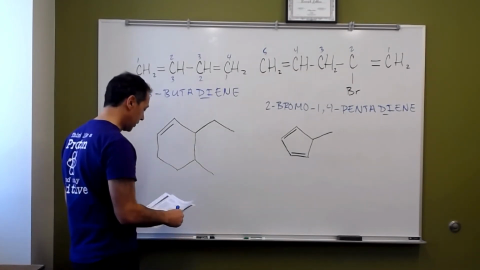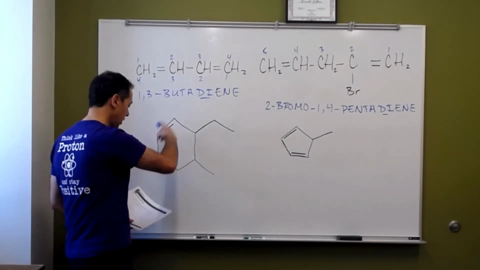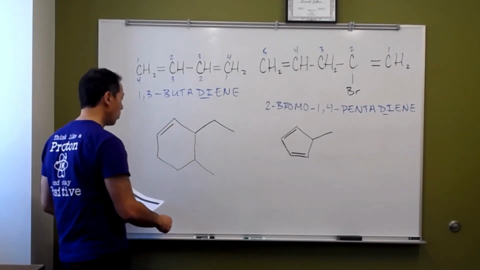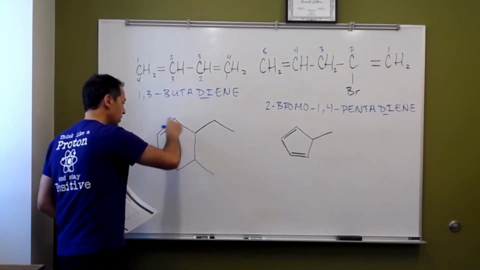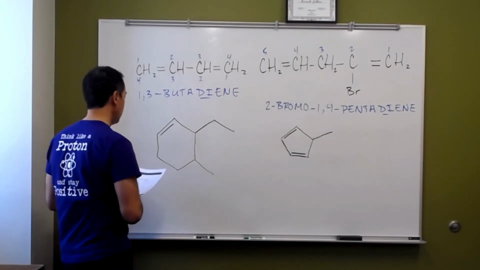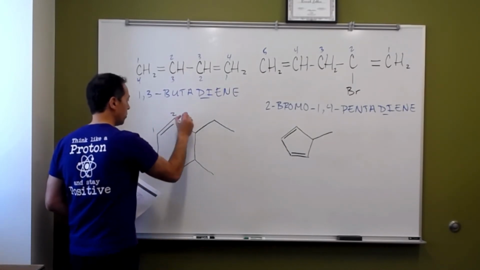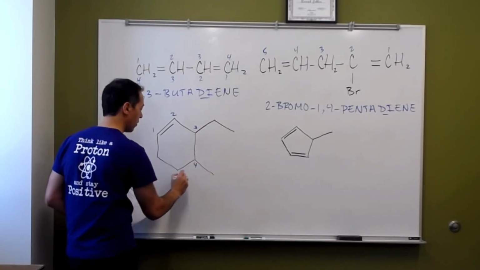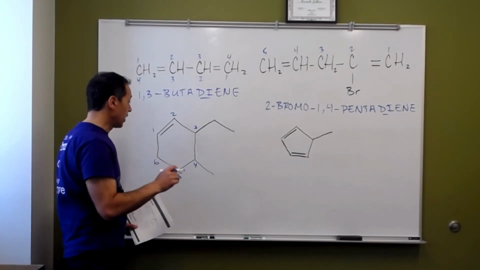All right, well, let's take a look at this one. How are we going to name this one? Well, we want to have the longest carbon chain here with the double bond. And so this is going to be a cyclohexene. And we're going to start out here going 1, 2, 3, 4, 5, 6. Now, we could have gone in the opposite direction.